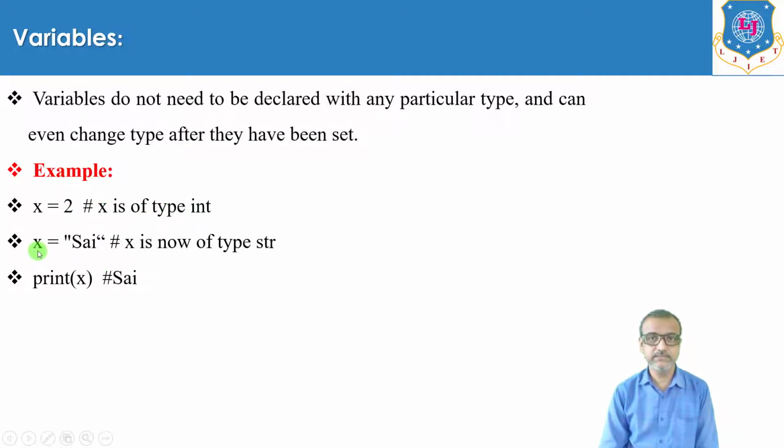And if I write x equals to "sign", what is this one? This one is nothing but a string, because I have written sign in double quotes. So definitely it will be treated as a string. So here x is now of type str. If I write print of x, what will be the output in this case? That is sign.